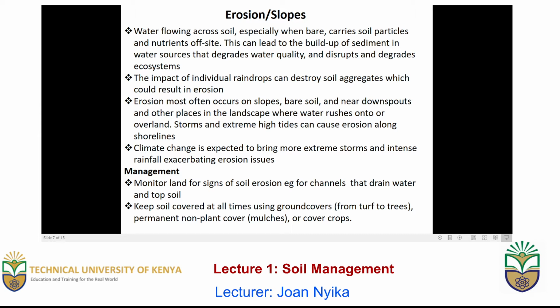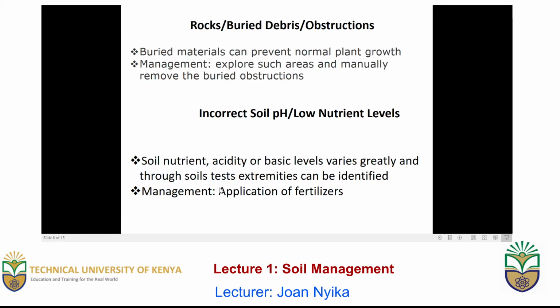Another thing we could do is add a lot of soil organic matter, mulching, growing cover crops, and ensuring that the soil at any time is well covered. This can be done by planting a lot of trees.